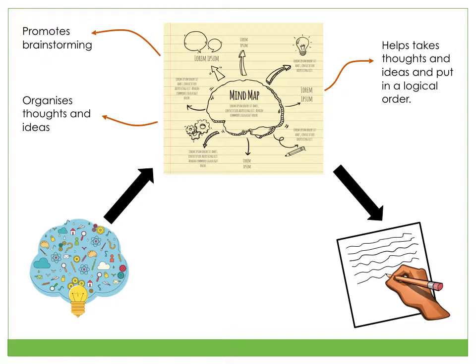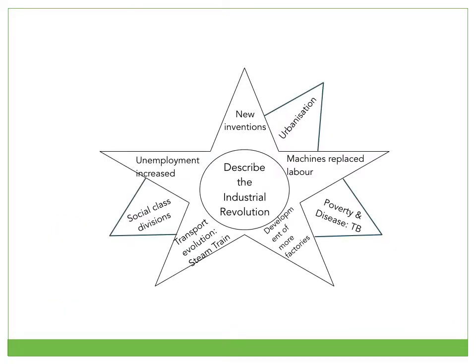So let's have a look at our Starfish mind map that we used earlier on to describe the Industrial Revolution. This mind map has promoted the learner to really think of different ideas or different ways of describing the Industrial Revolution, brainstorming.